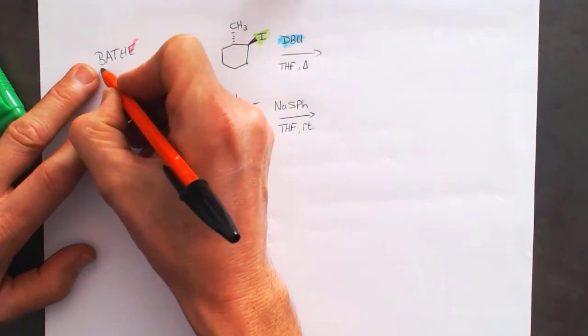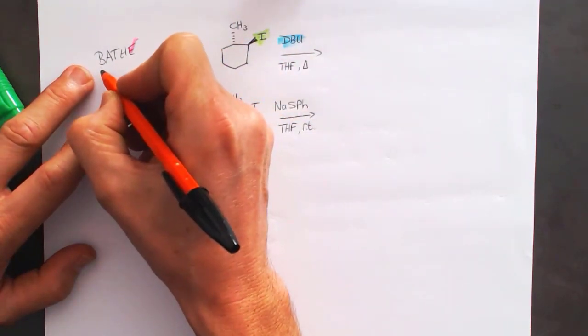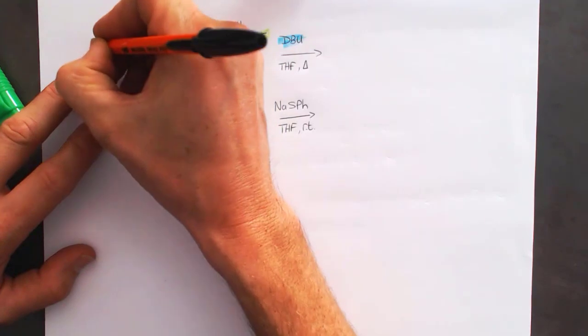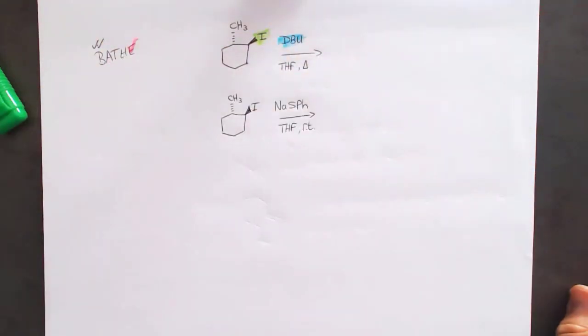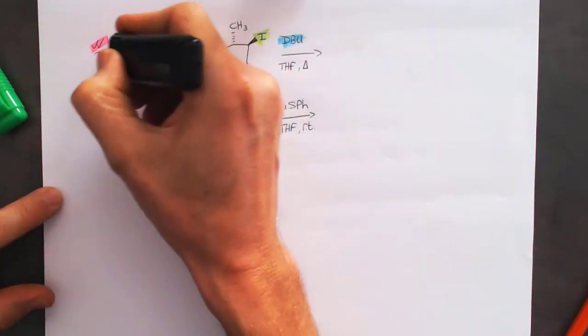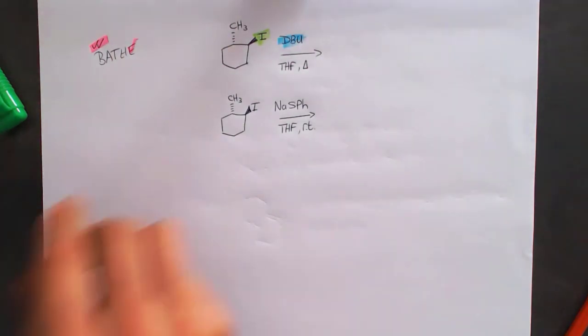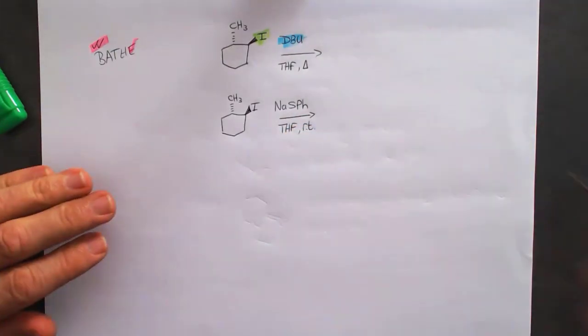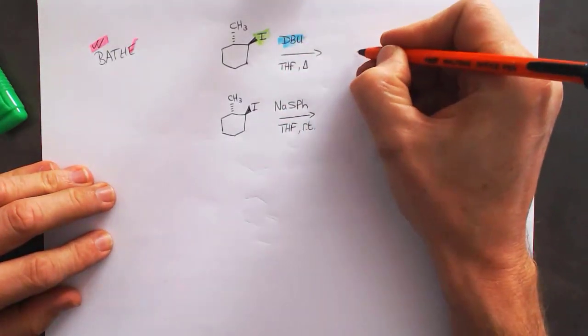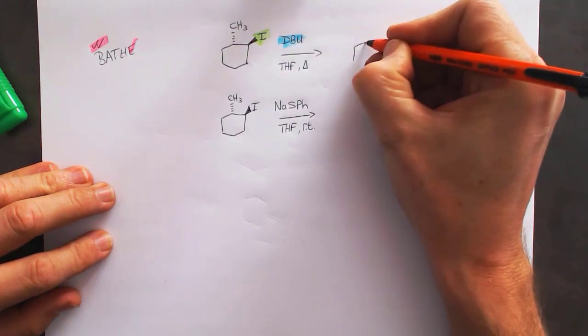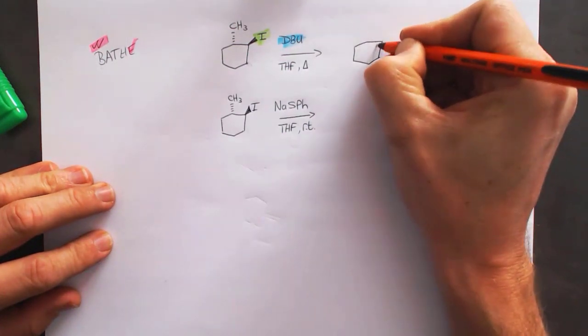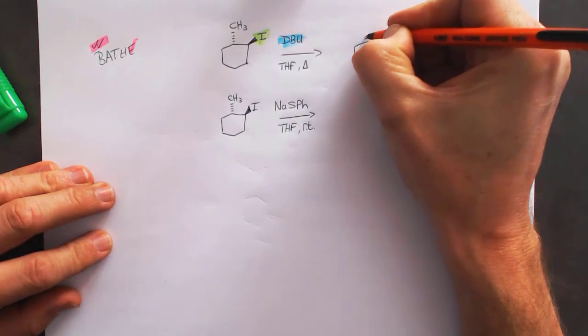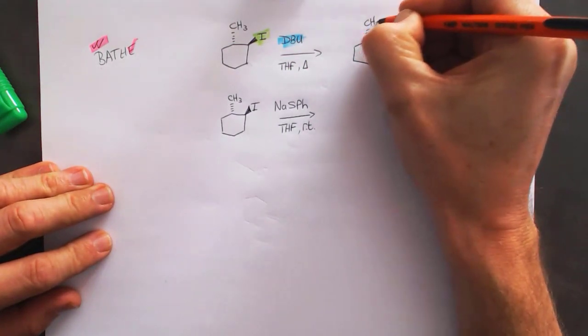Then, under the base, we have to decide, do we have a nice, bulky, strong base? And the answer to that is absolutely 100% yes. I haven't spoken about the other things that are around there, but the clue really was the DBU. We don't have to go any further. So this is an elimination reaction, and we'll get a double bond over there and a CH3 over there.